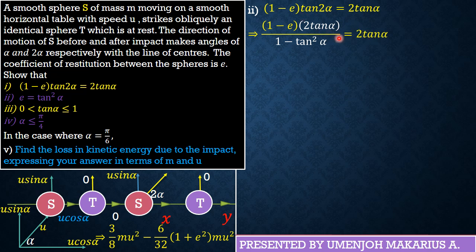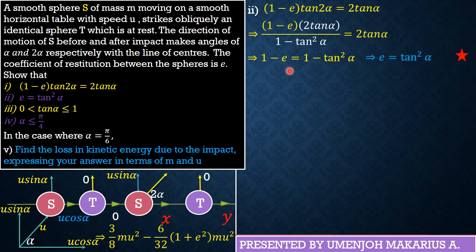If we simplify further, cancel tan alpha this way and cross multiply, we are going to have 1 minus e equal to 1 minus tan squared alpha. We have a 1 here, you can cancel with the 1 here, and we also multiply by negative. We are going to have e equal to tan squared of alpha. Great. That is what the second proof is saying, as required.